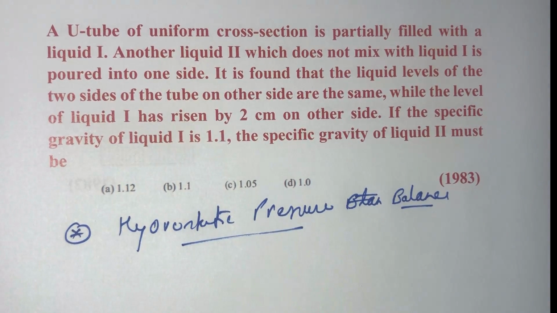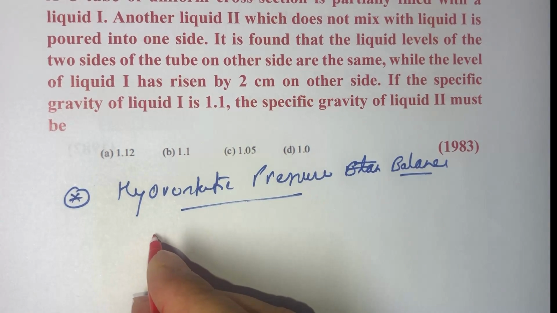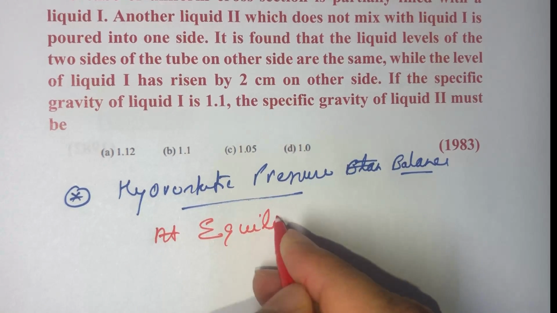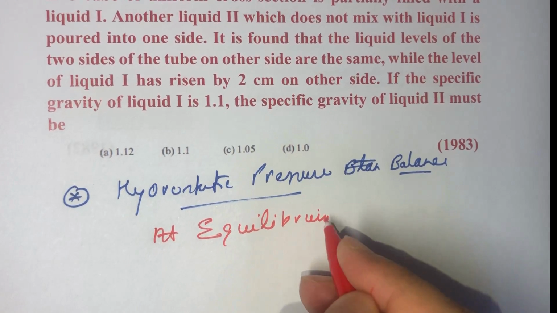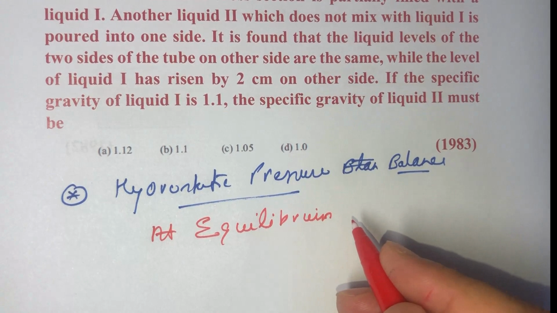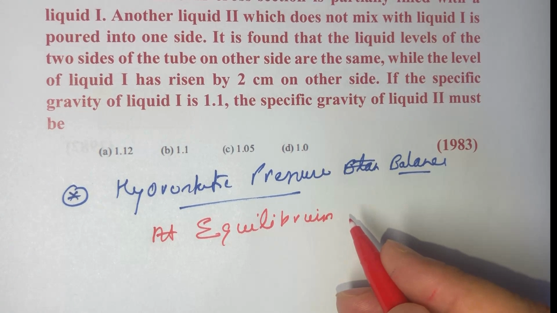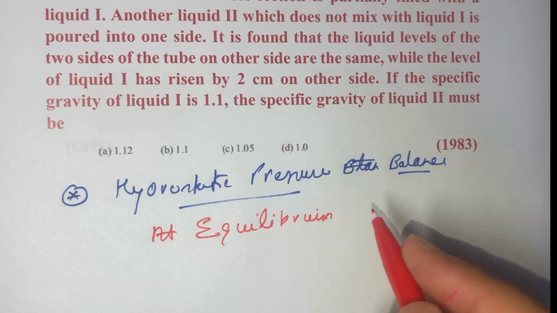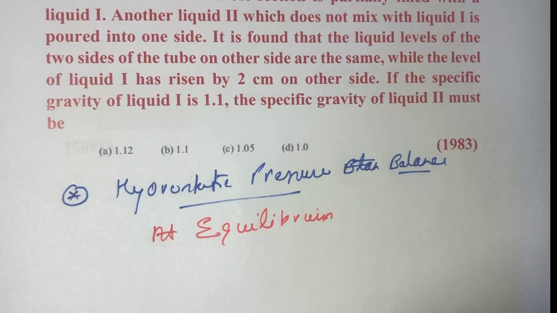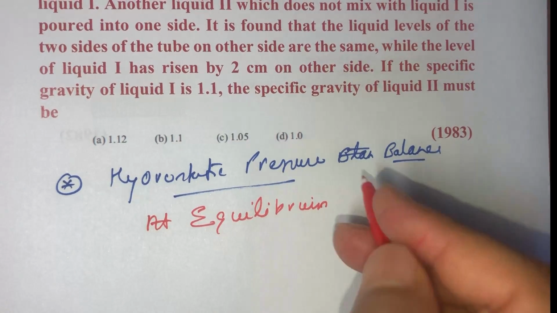In this particular case, you can say that at equilibrium, the pressure exerted by the column of liquid 1 on the left side must be equal to the pressure exerted by the column of liquid 2 on the right side. We assume that liquid 1 is on the left side and liquid 2 is on the right side.